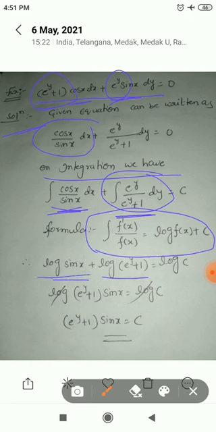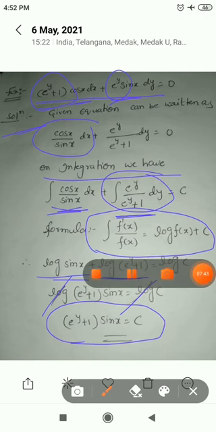Here we have log m plus log n. What is the formula of log m plus log n? It is log mn. So we can write log of e to the power of y plus 1 into sin x equals log c. Both log terms cancel, then e to the power of y plus 1 into sin x equals c. This is the solution of the given differential equation.